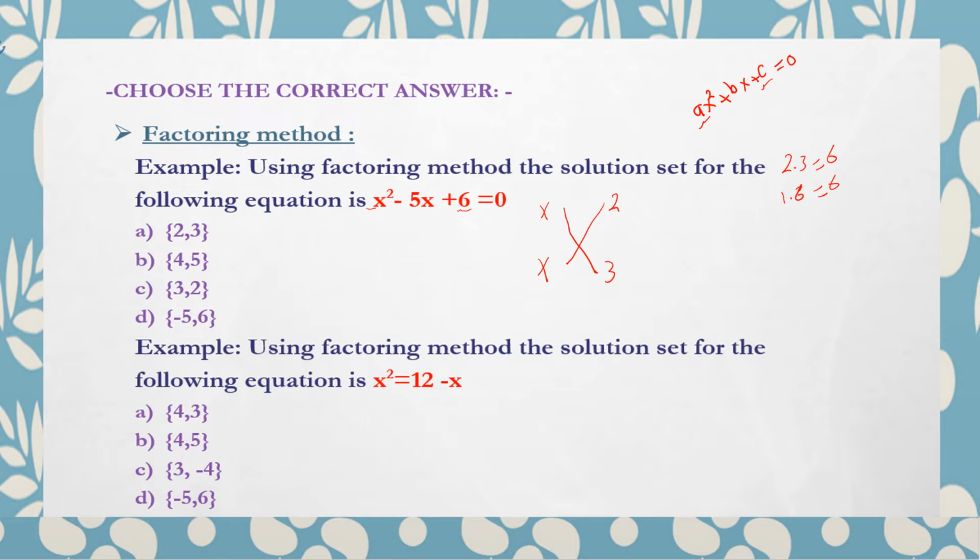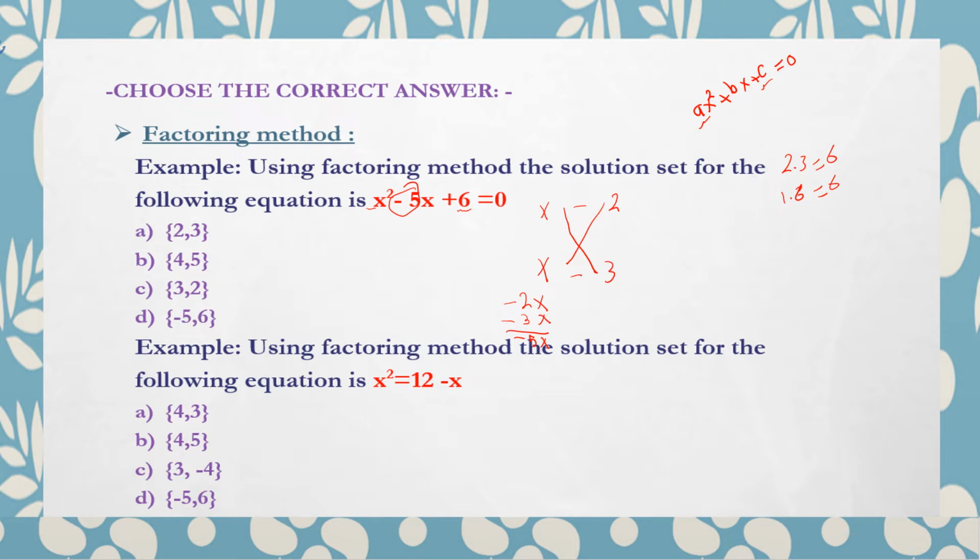By giving 2 and 3 negative signs, we find minus 2x by multiplying x with minus 2, plus x times minus 3, minus 3x. This gives minus 5x, which is the inner, equal to b.